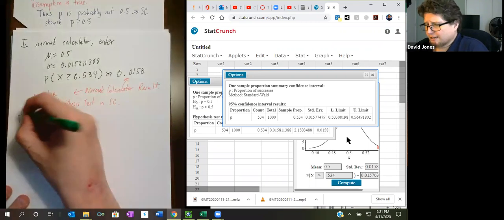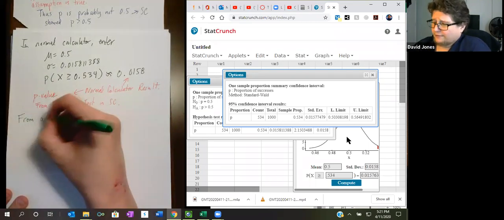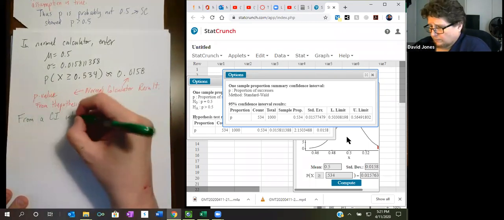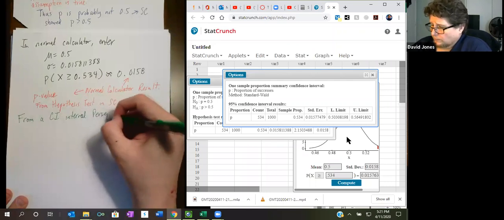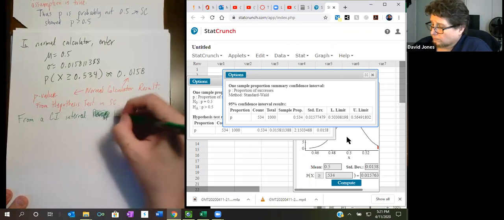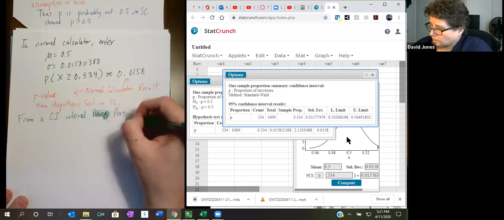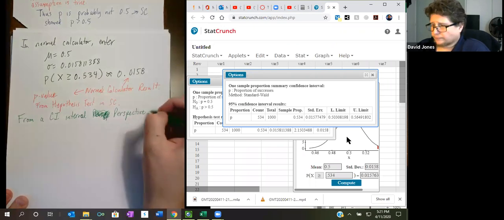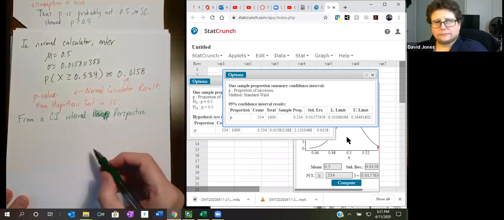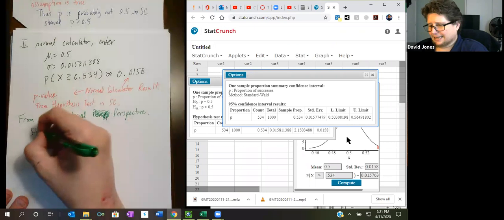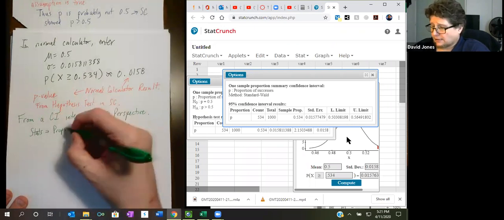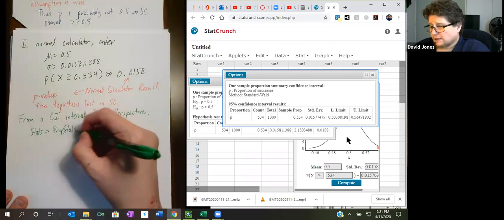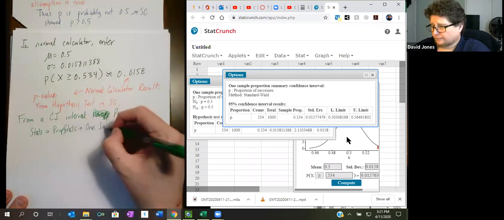From a confidence interval perspective, again, stats, proportion stats, one sample with summary.